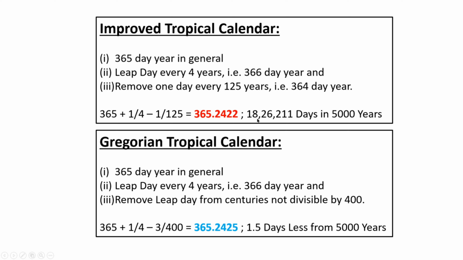So, in the improved tropical calendar, in 5,000 years, there will be exactly 18,26,211 days. And in these many days, this will have 1.5 days less than 5,000 years.